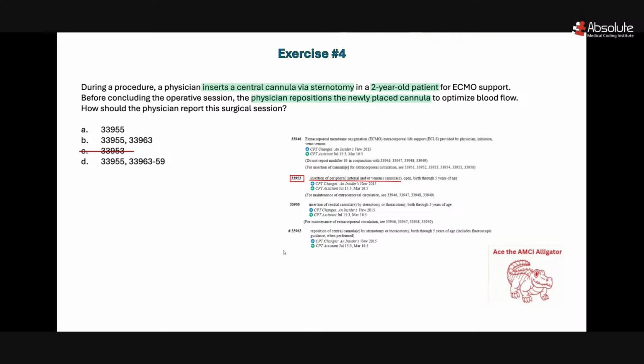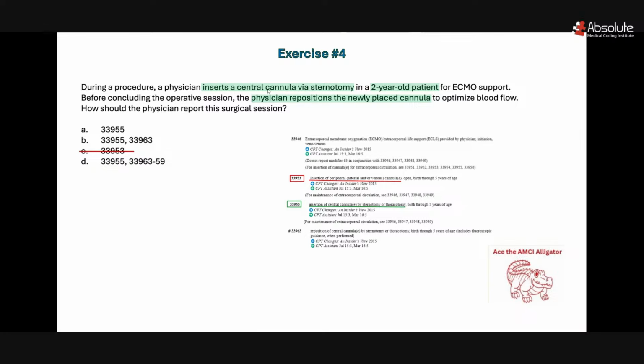Now, all the other options have CPT code 33955, and 33955 is for insertion of a central cannula by sternotomy or thoracotomy. Apologies, I'm not reading the parent code over here. So it's for ECMO support provided by physician, insertion of central cannula by sternotomy or thoracotomy.